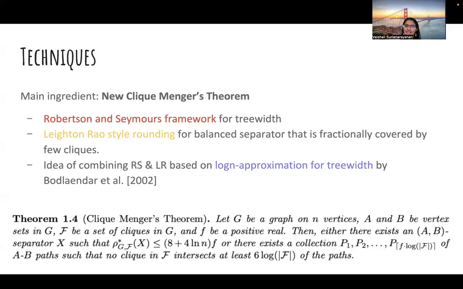Log n many paths. Here you can see that there is a log n factor between the cover and the paths. And we can show that, in fact, this log n factor is essential.